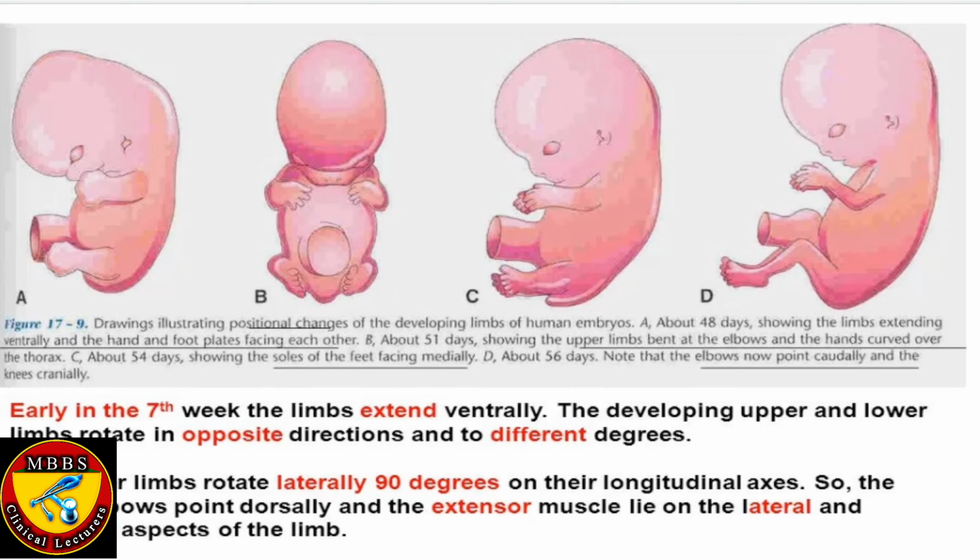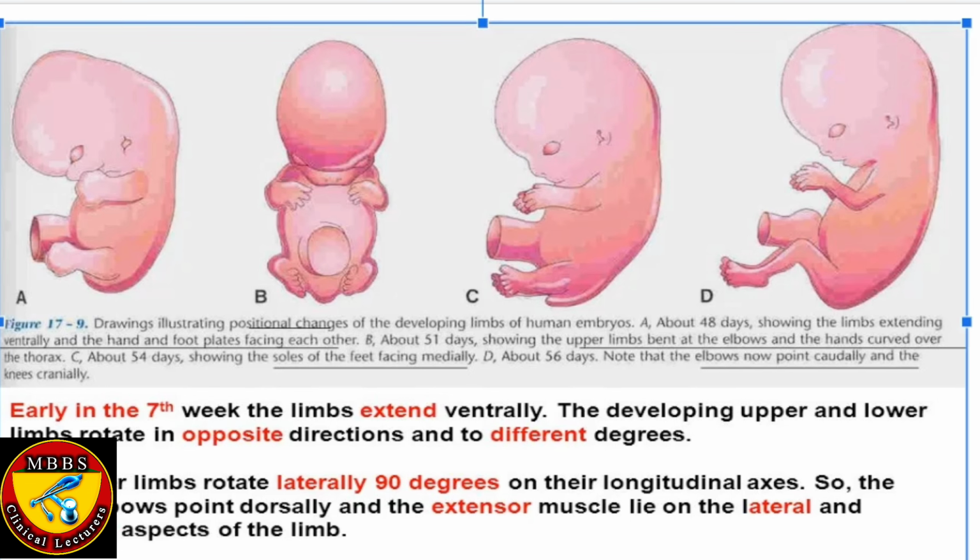You can see the limbs over here in the embryo. Initially, they are lying ventrally. Slowly and gradually, the upper limb buds rotate laterally about 90 degrees on their longitudinal axis, in such a way that the elbows will be facing posteriorly.